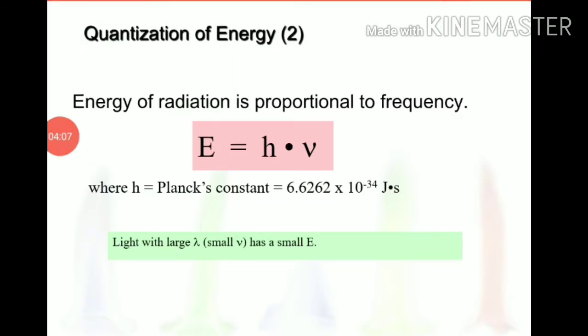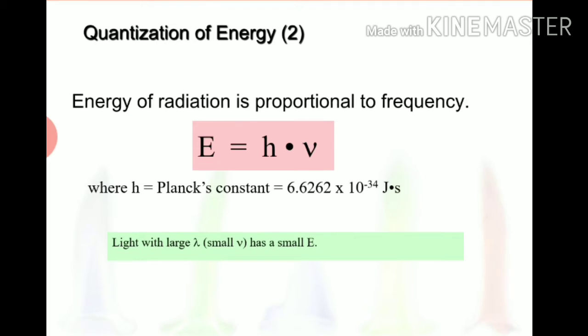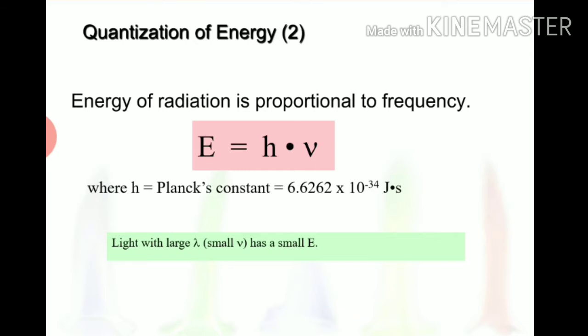He gave the relation between energy and frequency, which is energy proportional to the frequency, that is E is equal to h nu, where E is the energy, nu is the frequency and h is the Planck constant. As lambda increases, the energy decreases, that is, energy and wavelength are inversely proportional to each other.